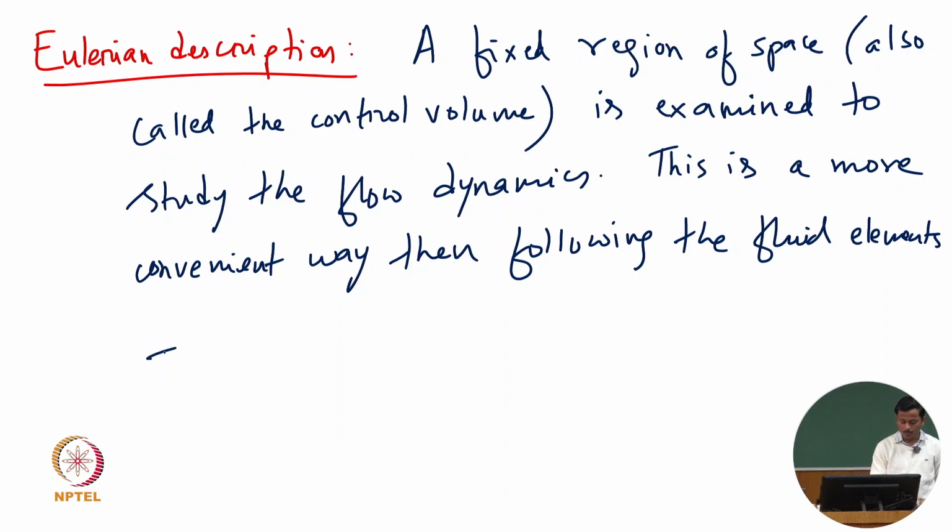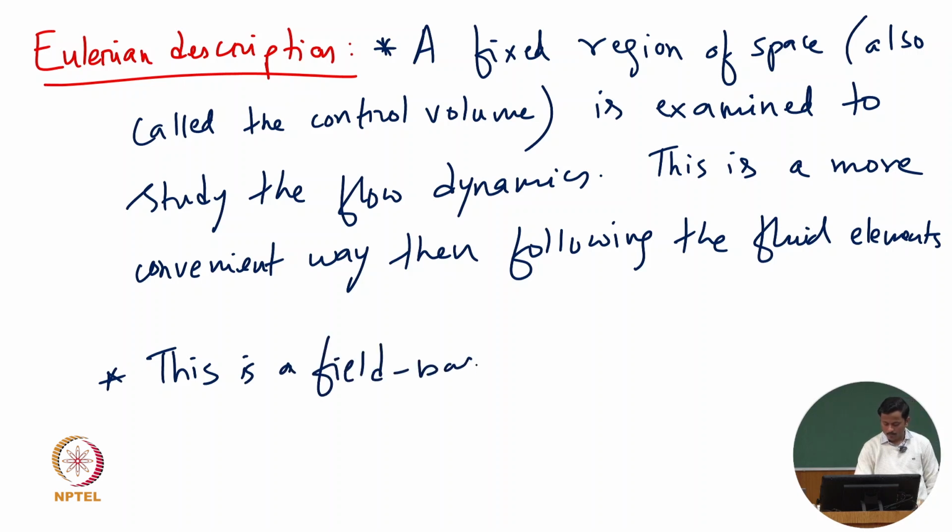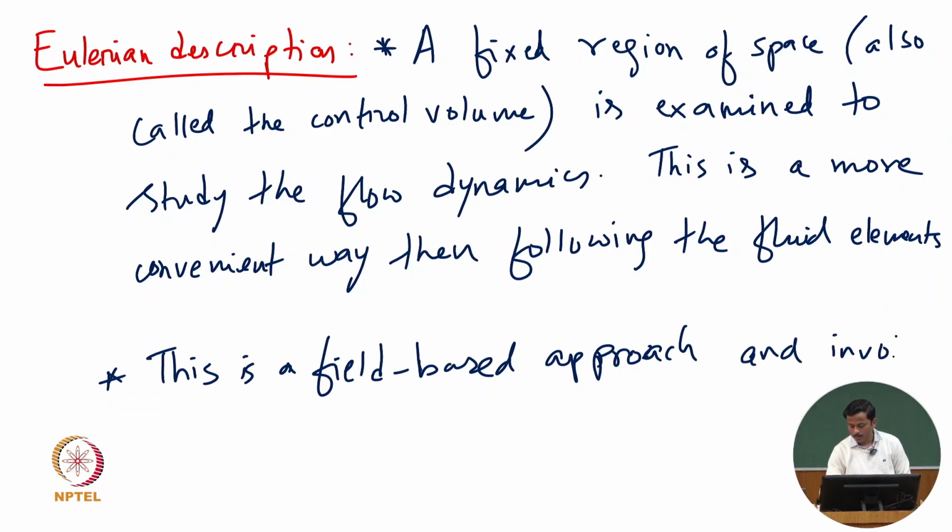So this is a field-based approach and involves three spatial coordinates, x vector, and time. In 3D, as I mentioned, all of our studies are in a 3D Cartesian coordinate system. So this involves all three orthogonal directions, and time.